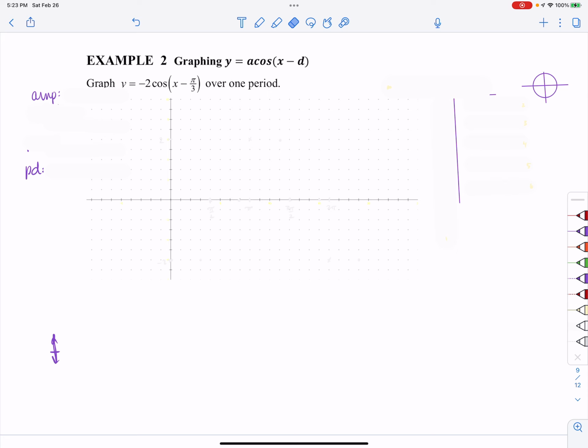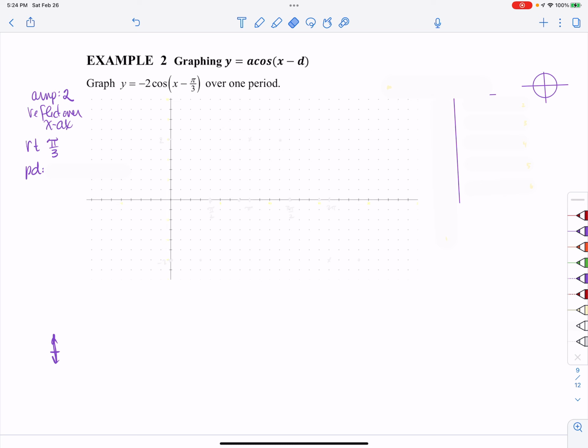So for example number 2, let's just take a look at what we have. Our amplitude is going to occur at 2. Remember that the negative out front tells me that I'm going to be reflecting over the x-axis. This right here tells me to move to the right pi over 3.